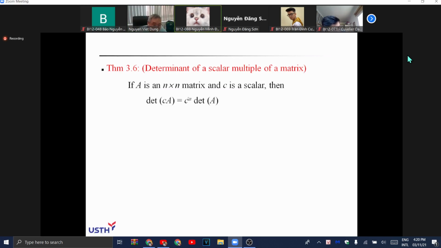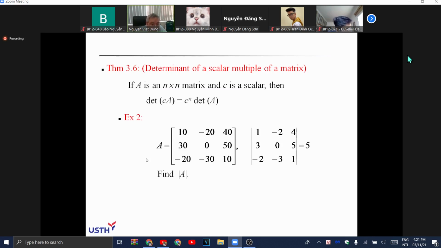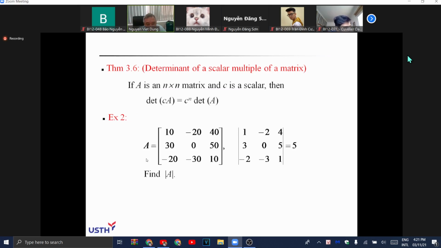And because of that, we have C^n multiplied by the determinant of A here. You can verify it by examples, and I advise you to try examples with A being a 2 by 2 matrix and a 3 by 3 matrix. Then you will see everything here is very easy to imagine. And here is some example.